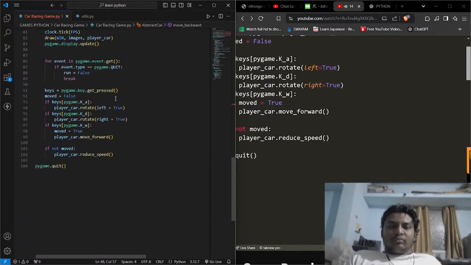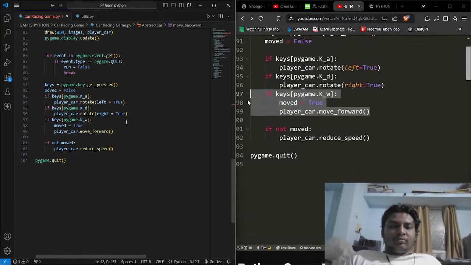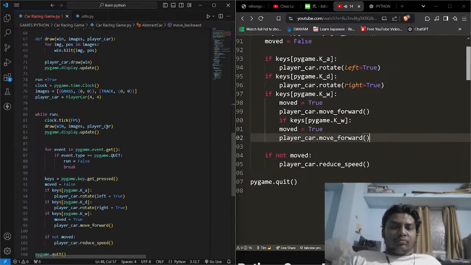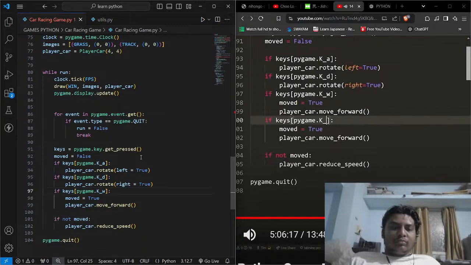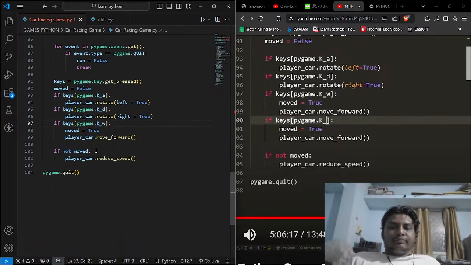Let's now make it so we have a key that does that.